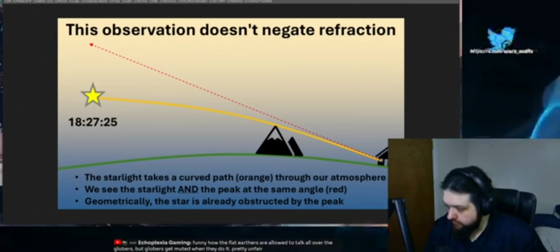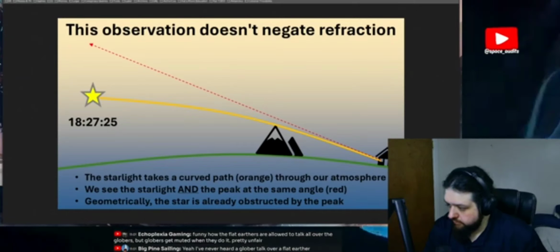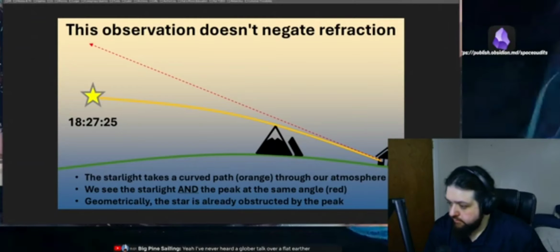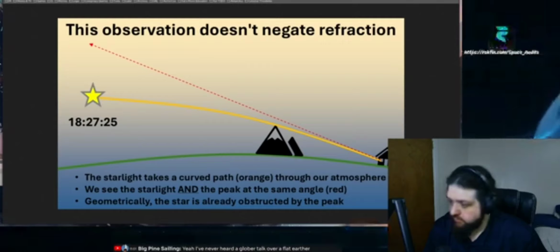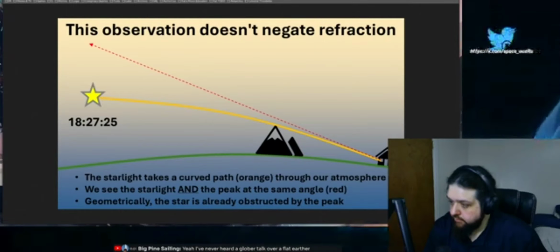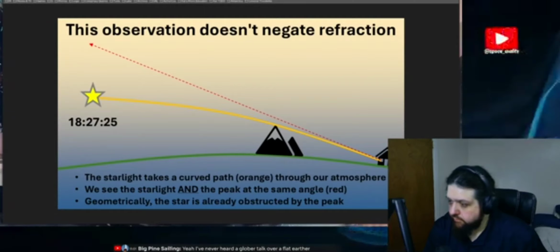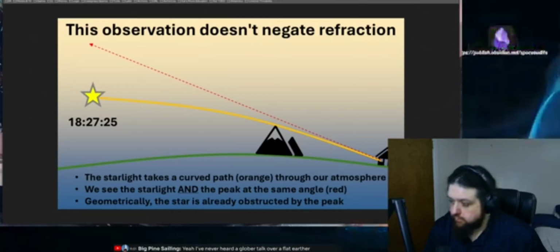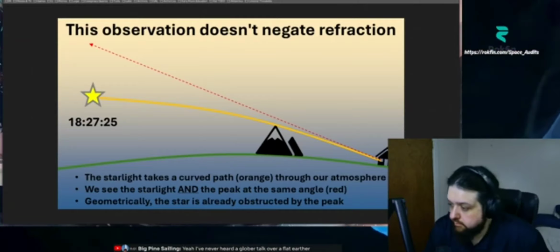If the star somehow being at, say, 218.7 was above the physical mountain but below the visual mountain, then you're actually proposing that you're going to see a mountain that's 219 high, and you're going to see a star at 218.7 shining through that visible mountain because there's not a physical mountain there to block it.